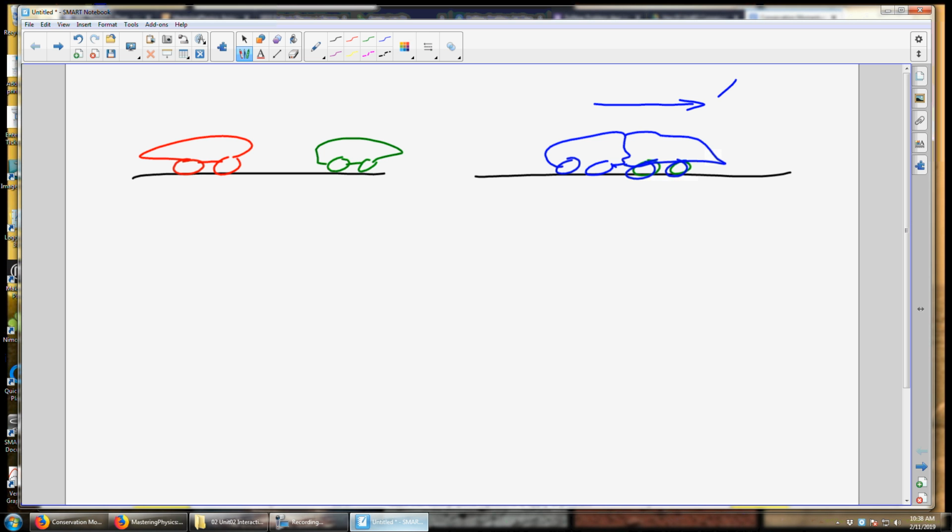So I'm going to call that the momentum of the mini car. This would be the momentum of the car. And that's the momentum of the minivan. And those would be my diagrams. Questions, comments, critiques?